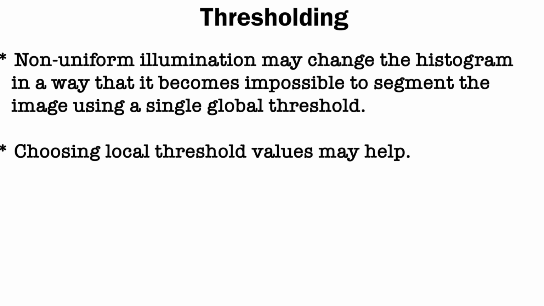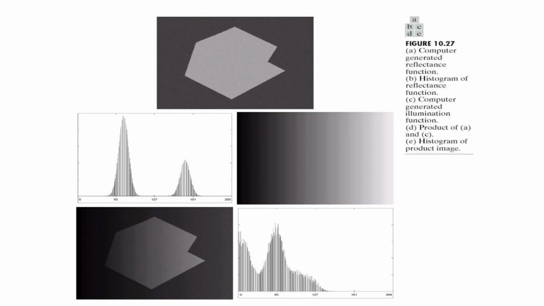Choosing a local threshold value may help with this. Here we can see that multiple pixels are not showing us the exact foreground or background, so we take local exact threshold values and multiple threshold values to connect the foreground and background images into a clear picture.